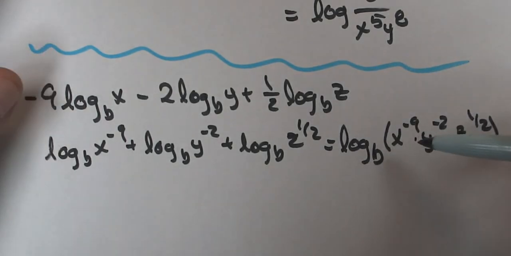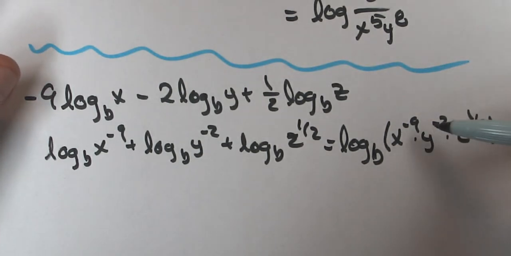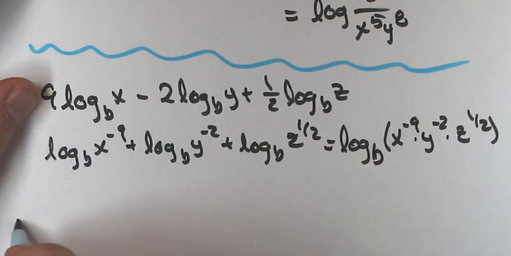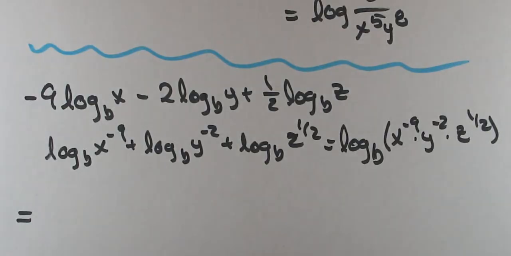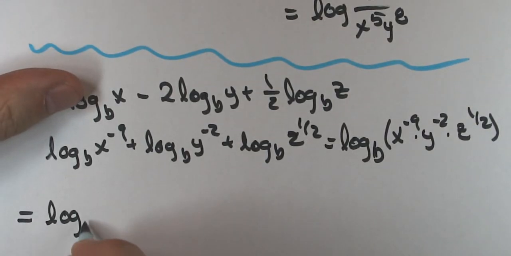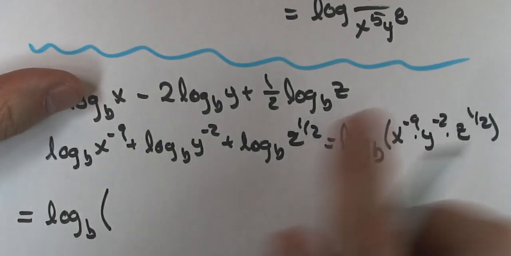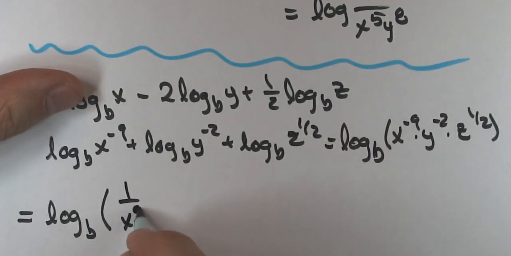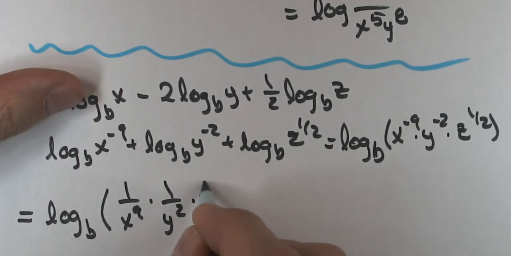Now, typically I'll go from here to the answer, but just so you understand where that answer is coming from, let me show you an extra step here. I can write that as log base b of 1 over x to the ninth times 1 over y to the second times z to the 1/2.